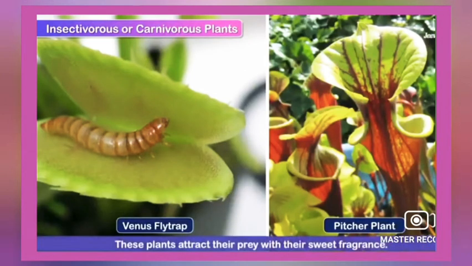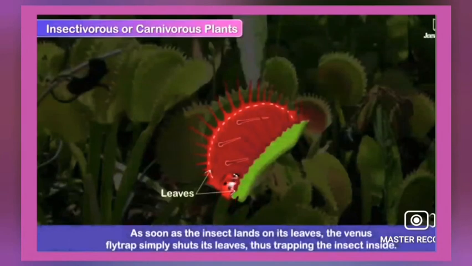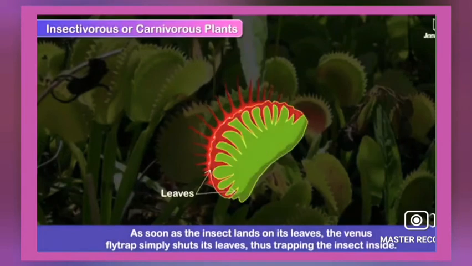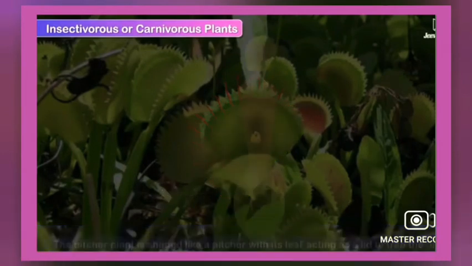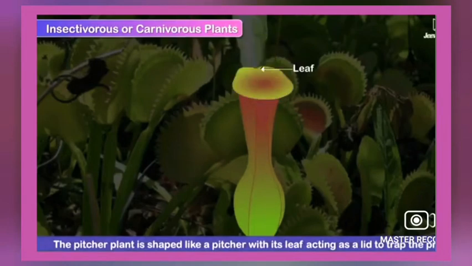Both attract their prey with their sweet fragrance. As soon as the insect lands on its leaves, the Venus flytrap simply shuts its leaves. The pitcher plant is shaped like a pitcher, with its leaf acting as a lid to trap the prey.